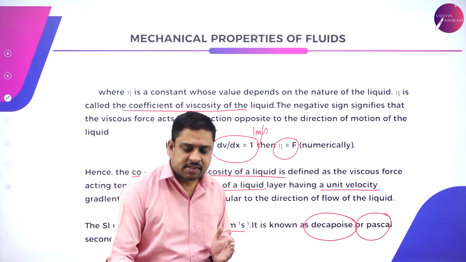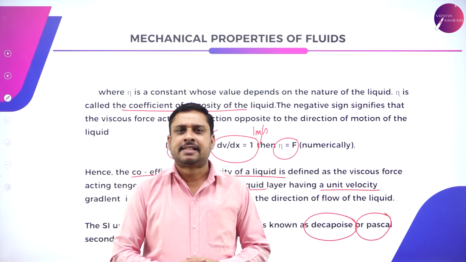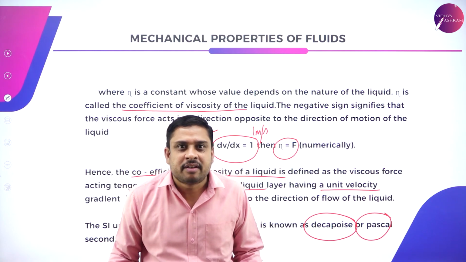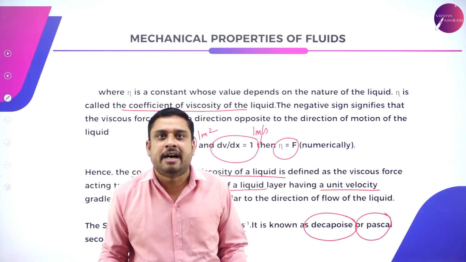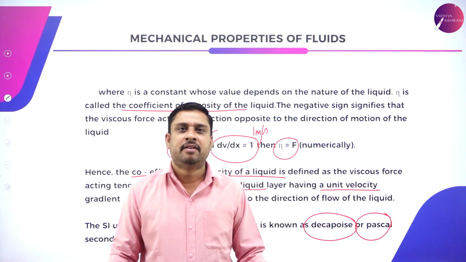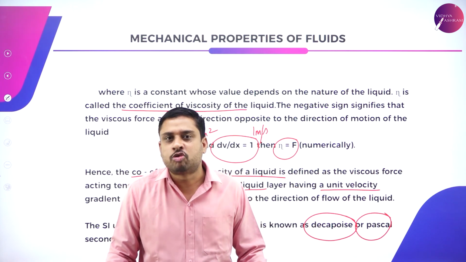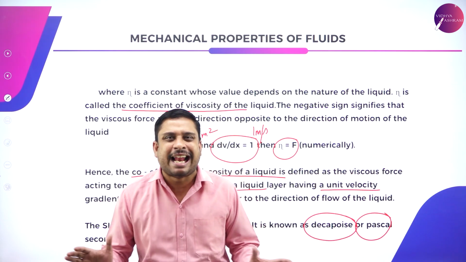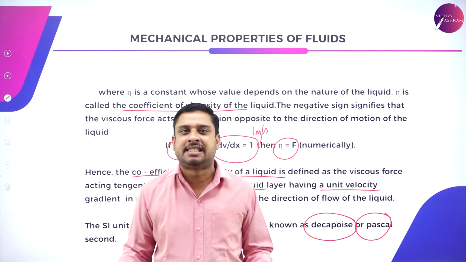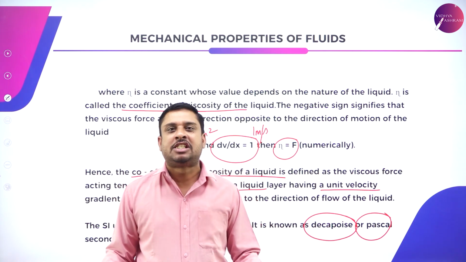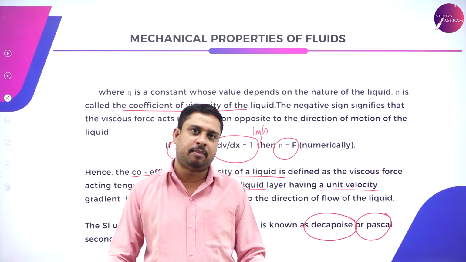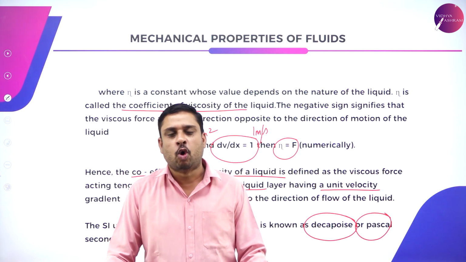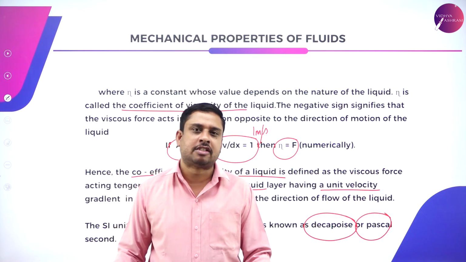So remember, students, viscosity is nothing but a property where each layer of the fluid will oppose the motion of another layer. They will not allow the layers to flow easily. Tangential destroying forces are developed. And we have also spoken about the coefficient of viscosity.